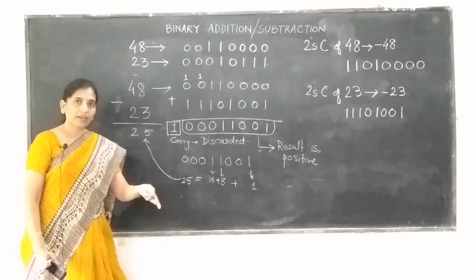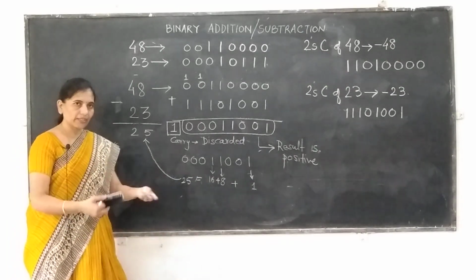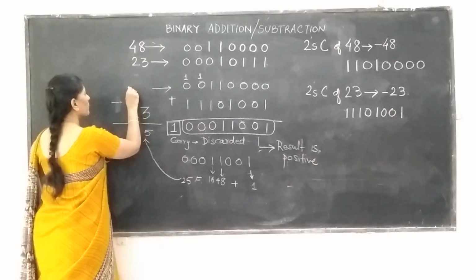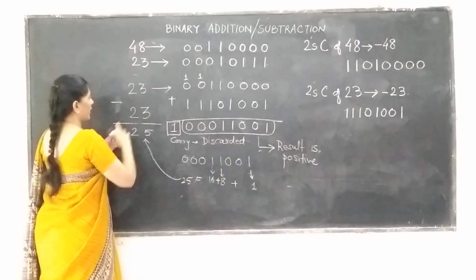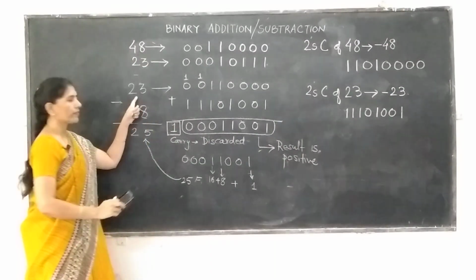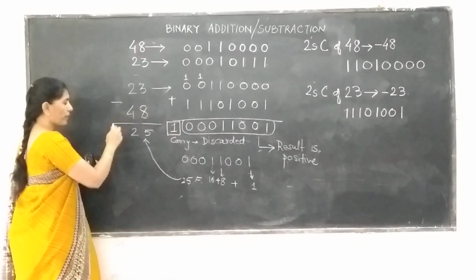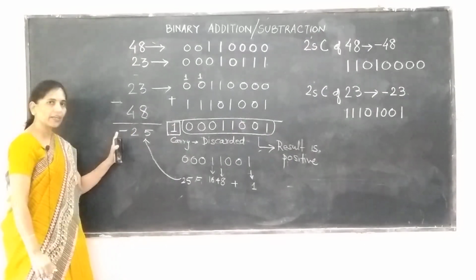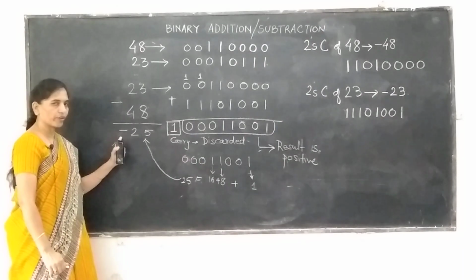Now let us look at the opposite case, that is, we want to do 23 minus 48, and when we do 23 minus 48, we will be expecting minus 25, that means we will be expecting a negative value over here.